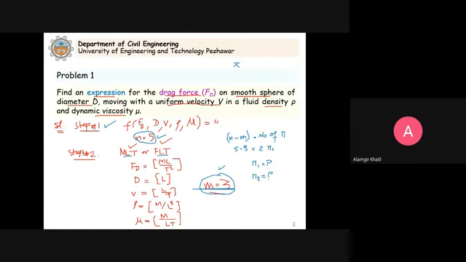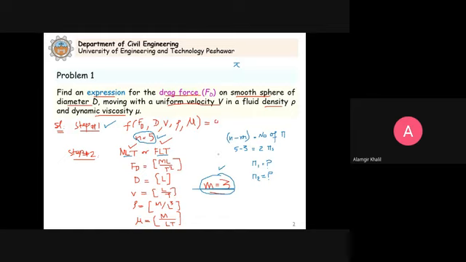So these 2 questions we have to answer. The first thing is how many pi groups are required to solve this problem. That is answered by the Buckingham-Pi theorem. And then what are those groups? 2, 3, 4, depending on the nature of the question. What are these groups? So these are the 2 questions that we try to answer.